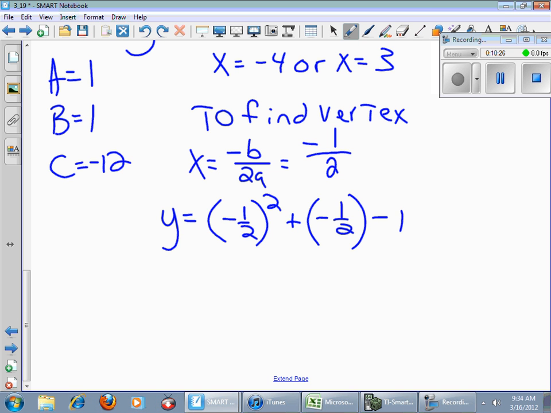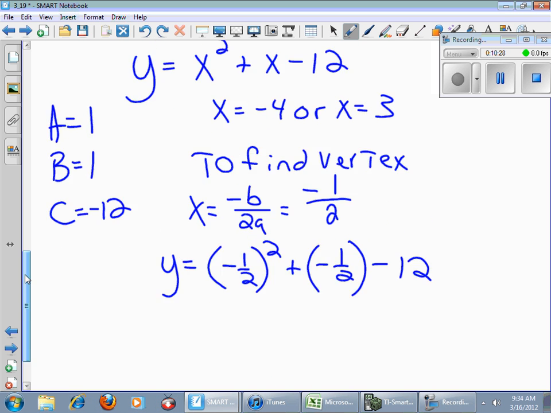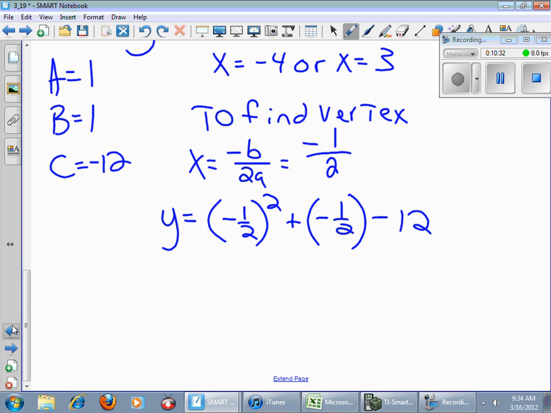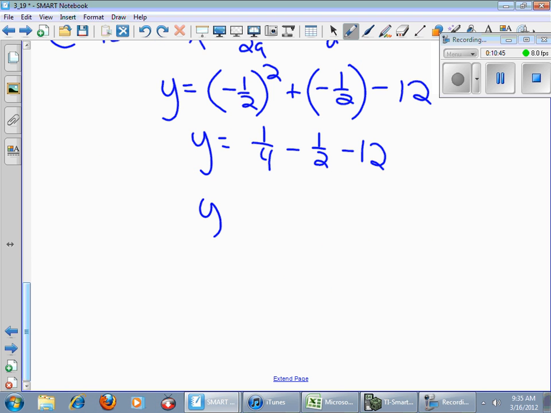This will turn into y equals 1/4 minus 1/2 minus 12. Now, a fourth minus a half should be negative 1/4, right? Because this one is half of that. So I'm going to get negative 1/4 minus 12, which equals negative 12 and 1/4, or -12 1/4.